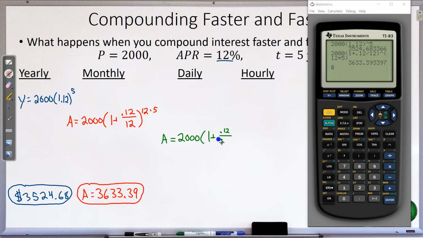It's going to be 365, to the power of 365 times 5. So let's type that in: 2,000 times 1 plus 0.12 divided by 365, raised to the power of 365 times 5.